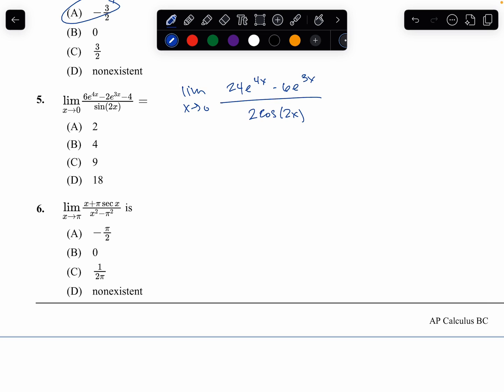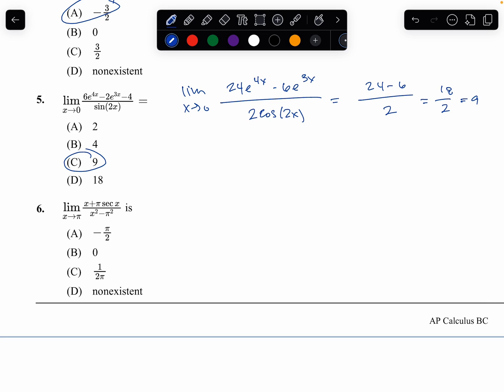If you plug in 0, we get 24 minus 6 over cosine of 0, so over 2. So we get 18 over 2, which is going to be equal to 9.